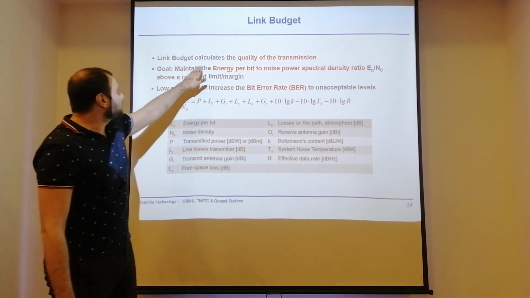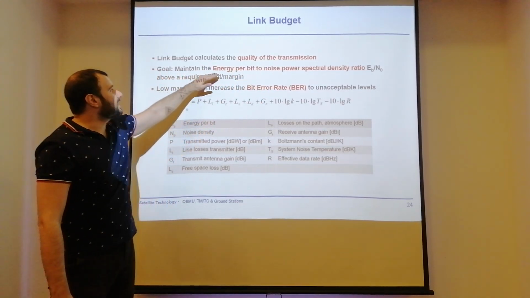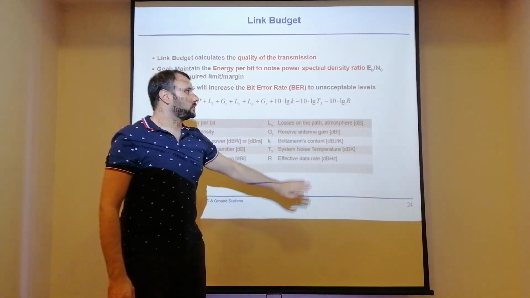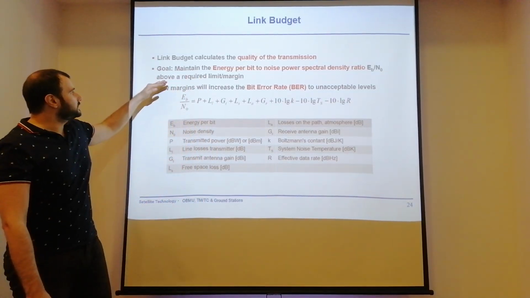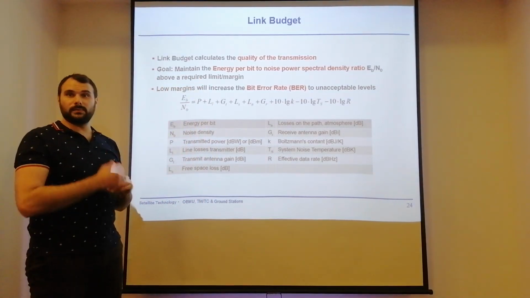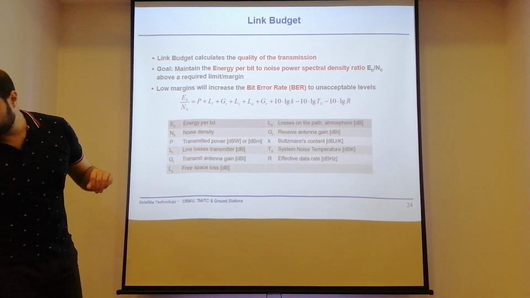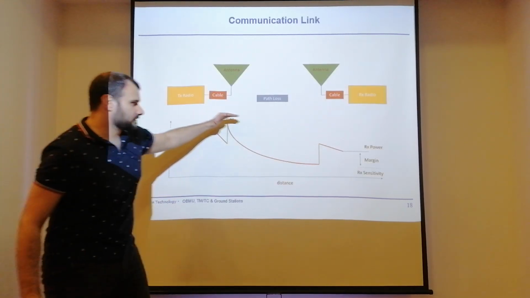So, as I said, the link budget calculates the quality of the transmission. And the goal is to maintain the energy per bit to the noise power spectral density ratio, or the Eb/N0. And you want to have this above a required limit or margin. In other words, this is exactly what is described by this.